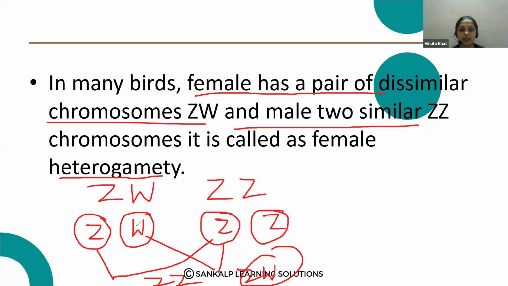So there is a 50% chance of fusion with the Z, and a 50% chance of fusion of the Z gamete with the W chromosome. Like this, female heterogamety is observed.